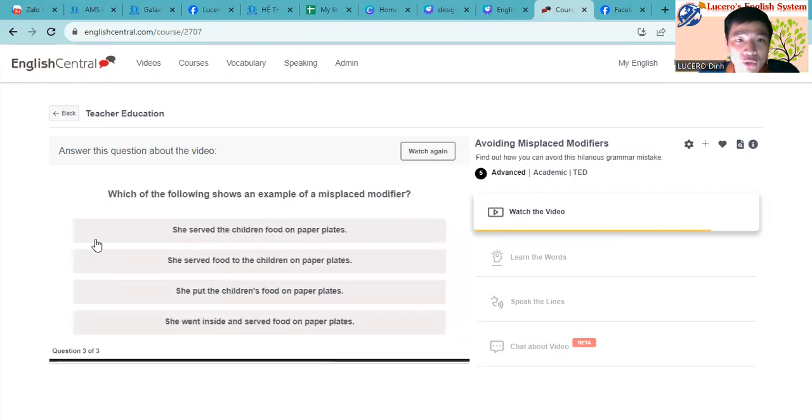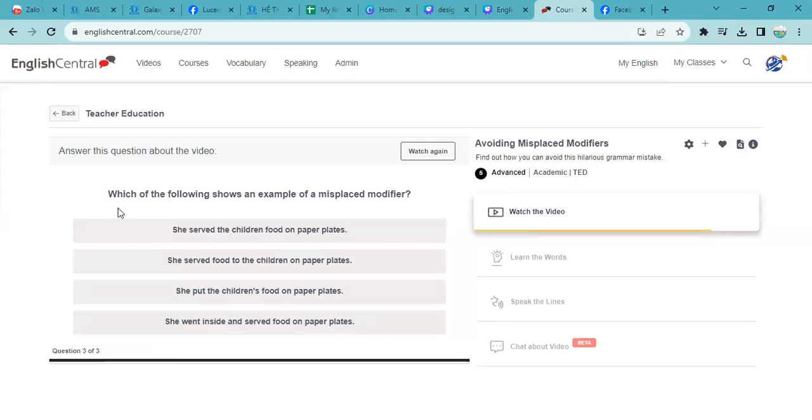Which of the following shows an example of a misplaced modifier? She served the children food on paper plates. She served food to the children on paper plates.